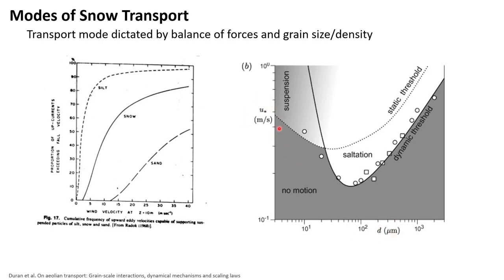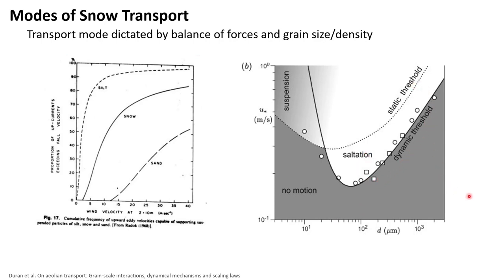And so you can see when you have really small grains down here, this is a log axis here, so small grains on the order of single microns, then when you hit the critical velocity of wind, you can get these things up in suspension. Below that, you don't have much motion. But then as particle size increases closer to 10 microns, we hit a saltation regime. And then we sort of have a balance of other things.